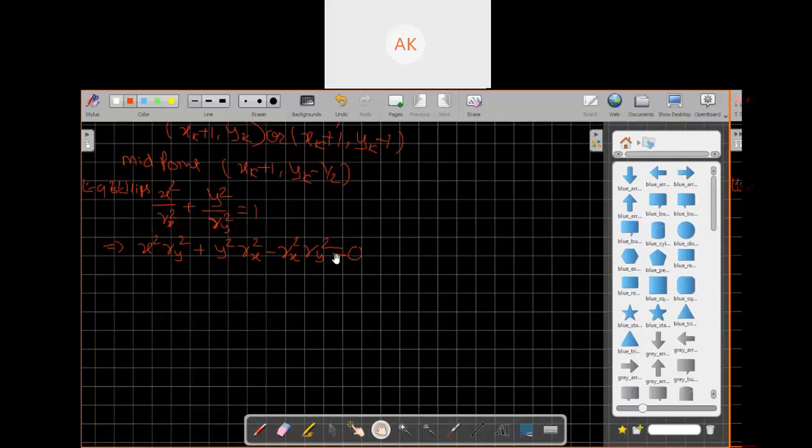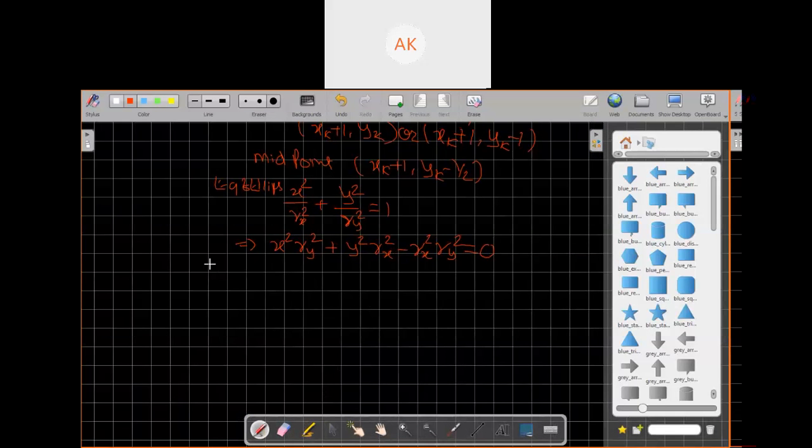As you know, you can define m as the slope, which is m equals dy by dx.